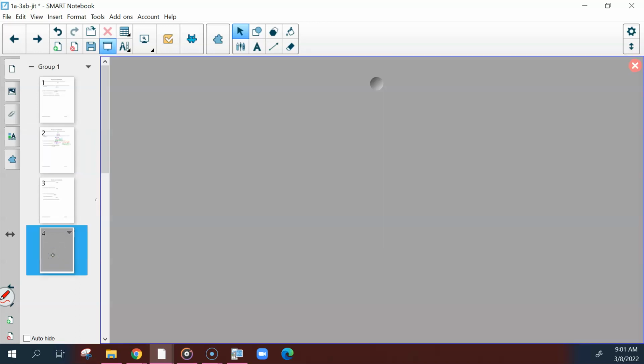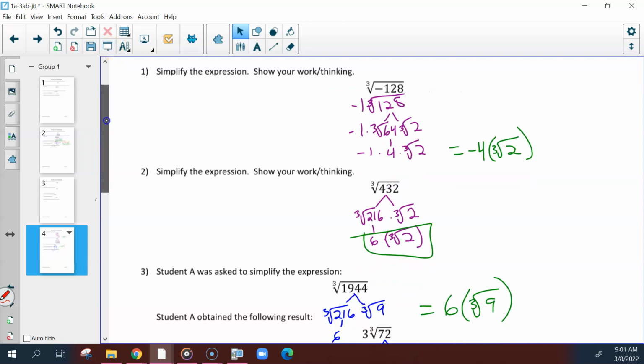On the back. For number 1, you need to first bring out your negative 1 so that you could just deal with the positive. The highest perfect cubes that you could divide out of these were 64 and 2. 64 you can take the cube root of and get 4.